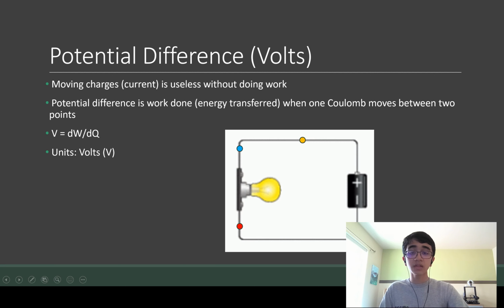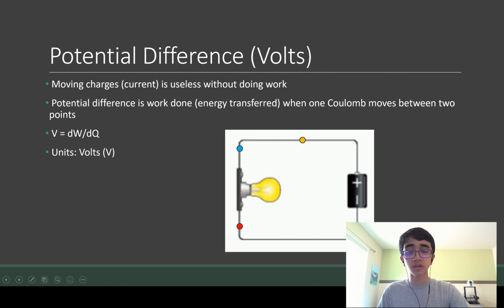However, say I do it between the blue point and the red point, and I won't get to how we're able to deduce the exact voltage, which involves something called KVL, which is going to be out of the scope of these videos. But if we put a multimeter between the blue point and the red point, because work is being done by the light bulb to take that moving charge and produce light, we can assume it's the voltage of the battery, which, say, is 12 volts.